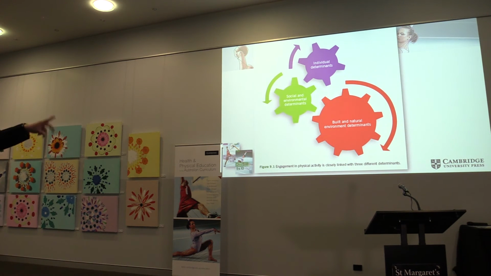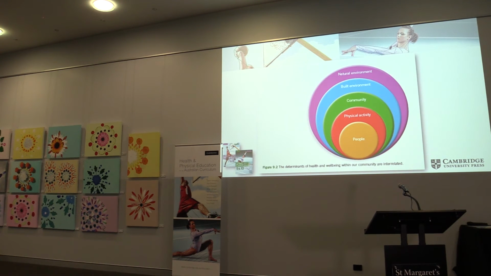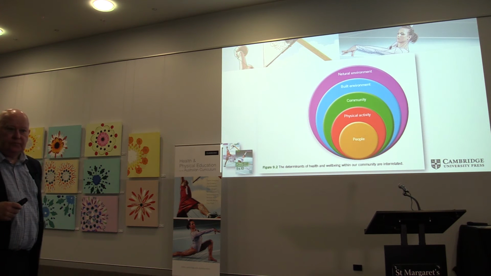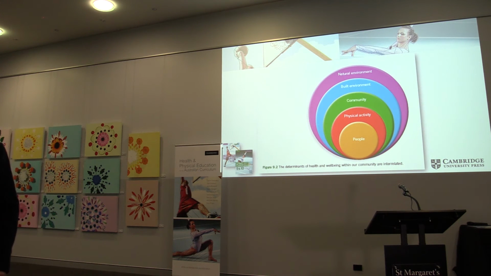So those three determinants interact with each other and determine our role in physical activity and our engagement. Diagrammatically, our well-being is impacted by a whole range of layers. And there's explanatory text that surrounds each of these particular graphic organisers.